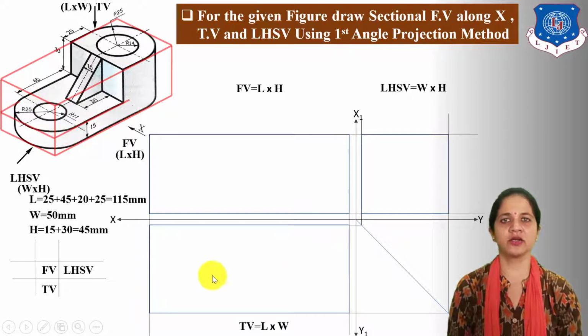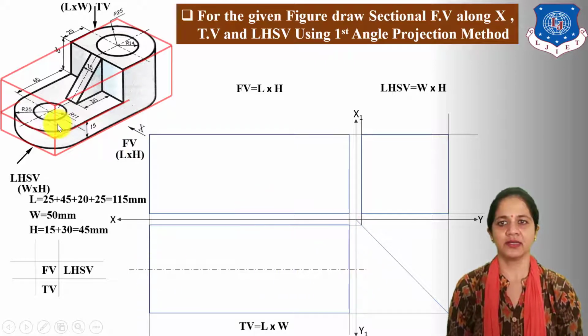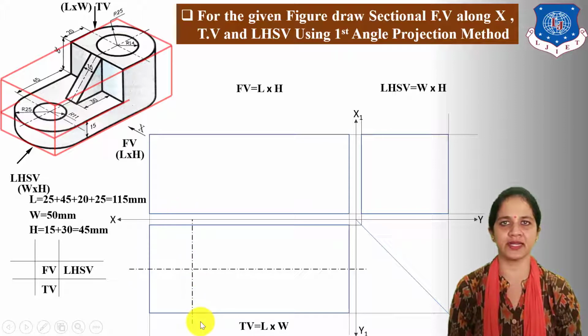First draw a horizontal center line passing through the middle point of the width. Next, draw a center line parallel to the width. Radius is given 25 mm. So take length 25 mm on this center line and draw a vertical center line which is parallel to width.